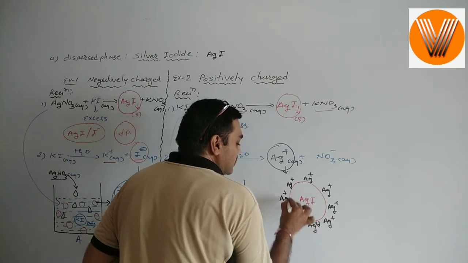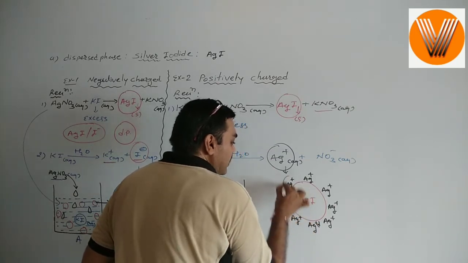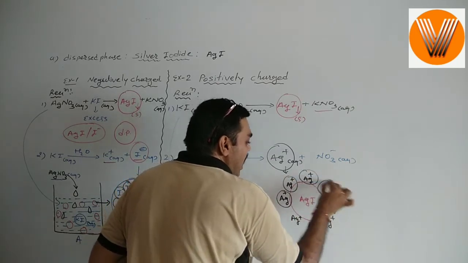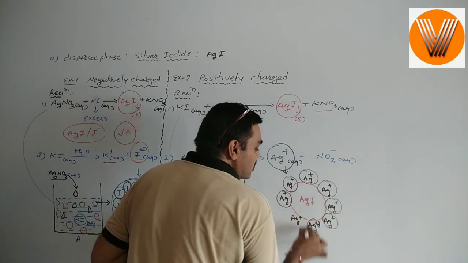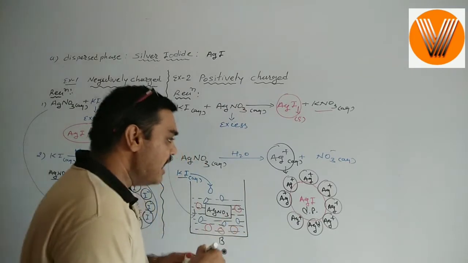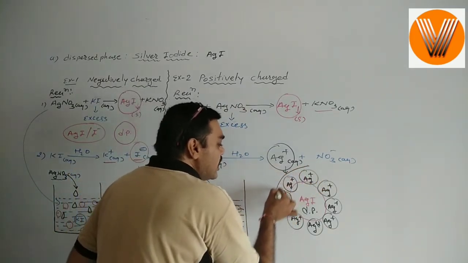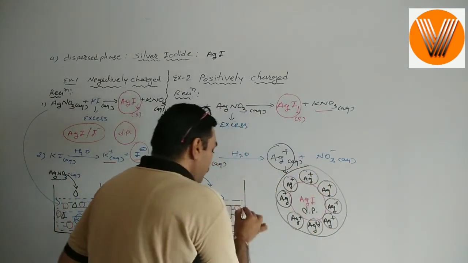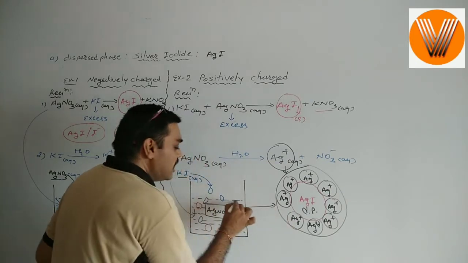You find that Ag plus particles are adsorbed on the surface of AgI, the dispersed phase, and make a fixed layer that is positively charged.